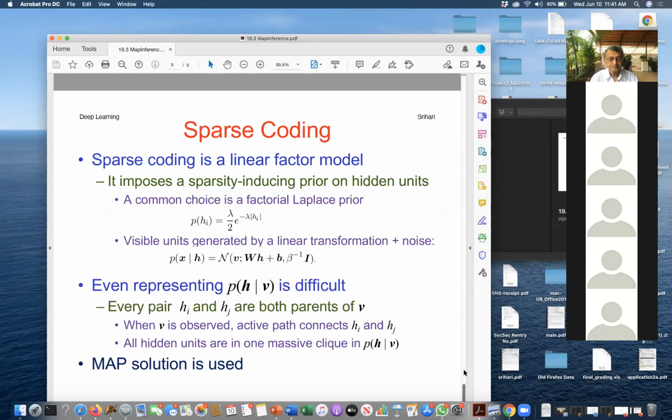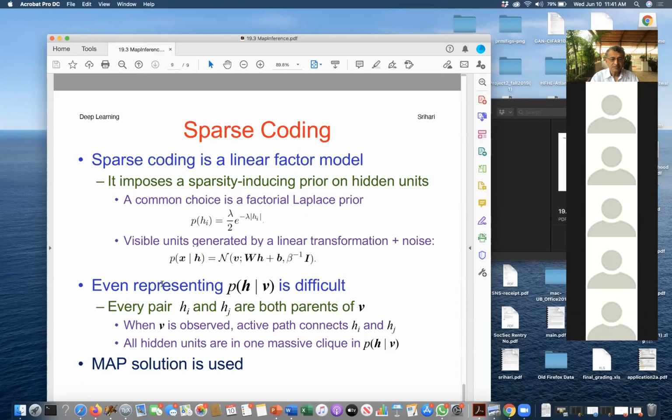Sparse coding is a particular linear factor model that imposes a sparsity inducing prior on hidden units. It's being defined here. P of h_i has this form, and then we have a linear transformation and noise coming into play.